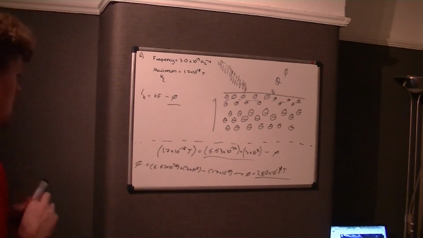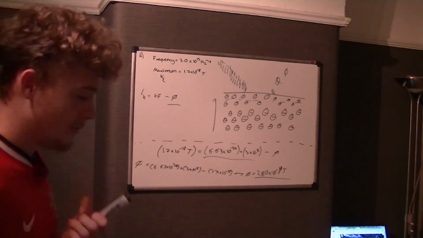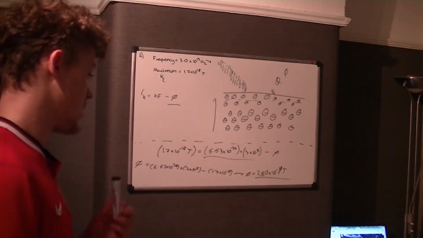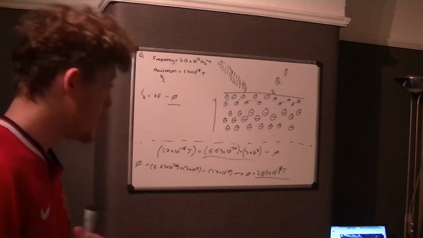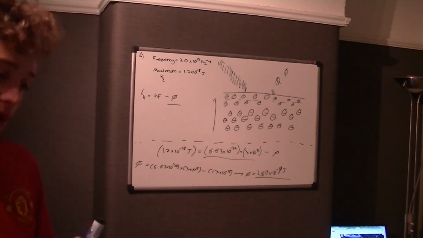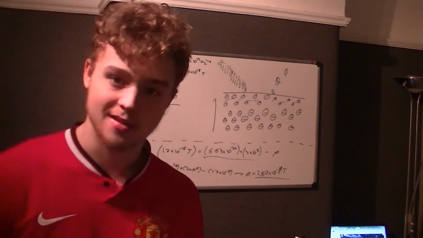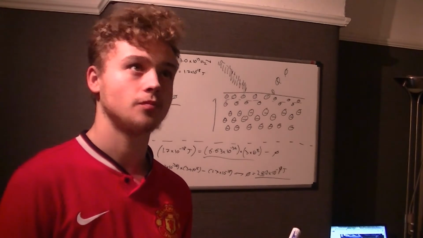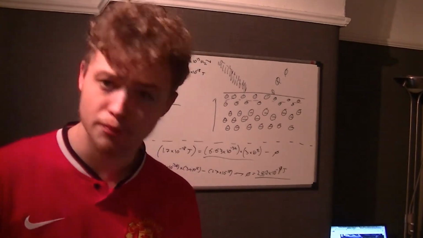Anyway, basically joules are always smaller than electron volts, because remember 1 electron volt is 1.6 times 10 to the minus 19 joules, and that's a very small number.